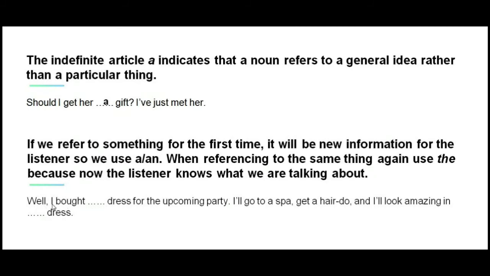I bought dress for the upcoming party. I'll go to a spa, get a hairdo, and I'll look amazing in dress. Well, I bought a dress for the upcoming party. I'll go to a spa, get a hairdo, and I'll look amazing in the dress.